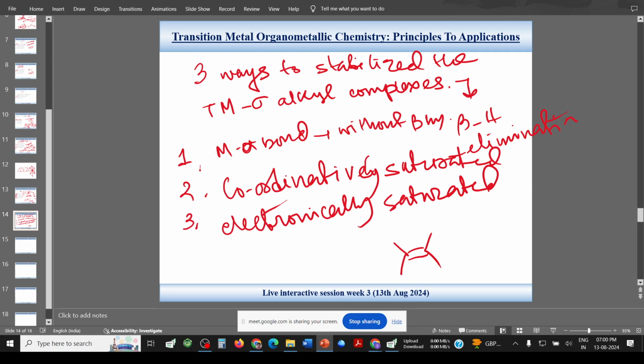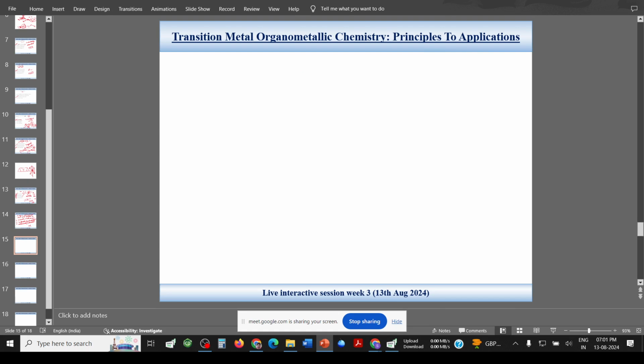Another thing is that if we have an example which has beta hydrogen but is also stable, this is for the norbornyl group.